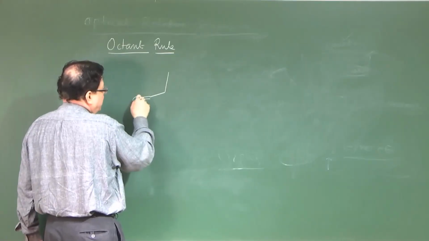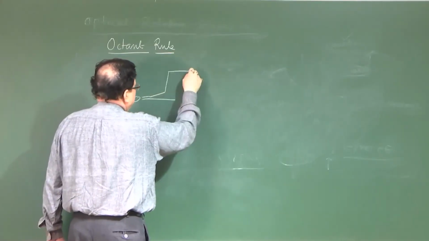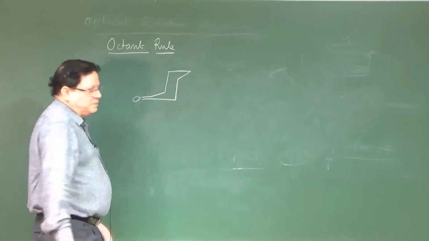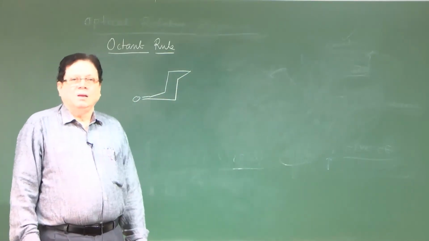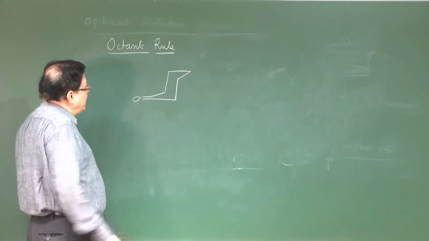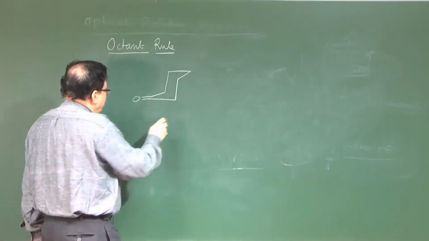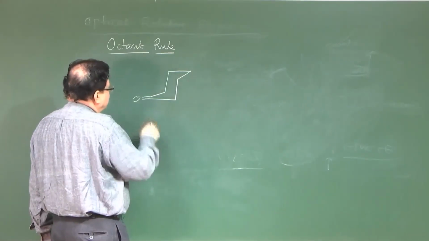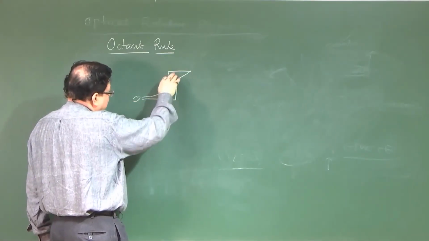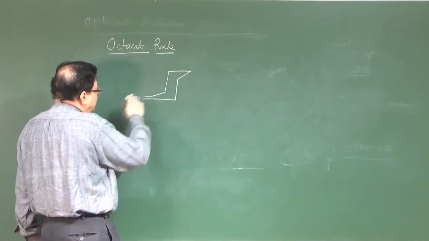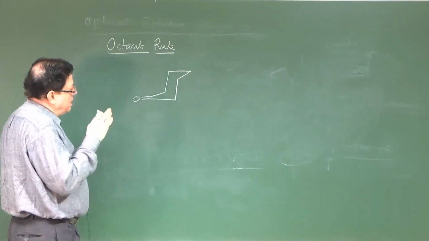See, I am writing the cyclohexanone in this fashion. This is the cyclohexanone, again applicable mainly for cyclohexanone systems. You place the cyclohexanone in this fashion and then think of several planes.